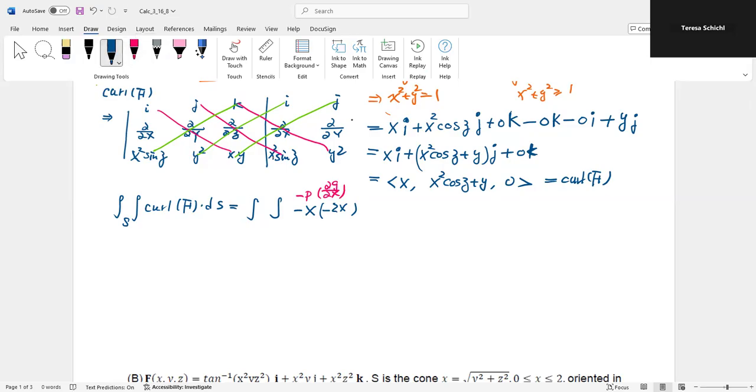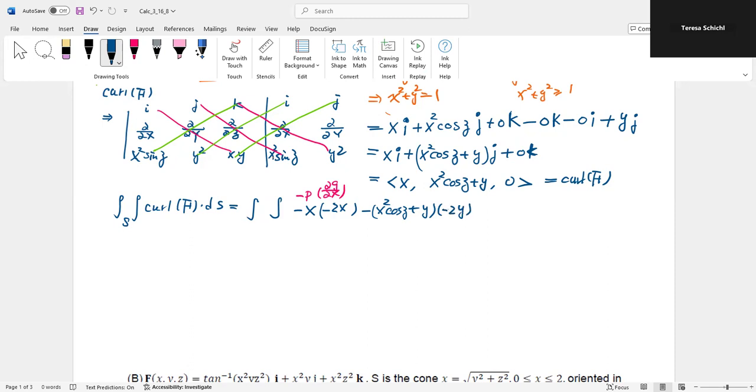And then we will have a negative Q. So it's a negative x squared cosine z plus y. That's right. So we have a negative cosine z plus y. And then times what? And then we will have here is times the negative 2y here, right?